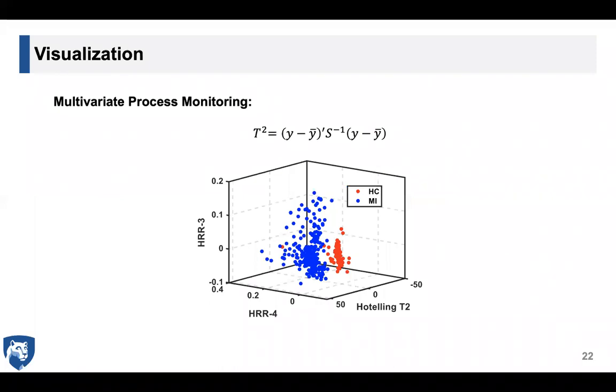The quantification also shows significant differences between the two groups. Here, the blue one indicates the patient with heart disease, and the red one shows the healthy patient.